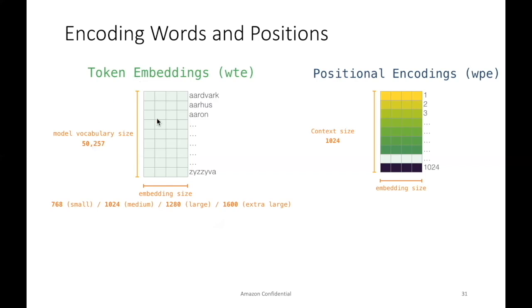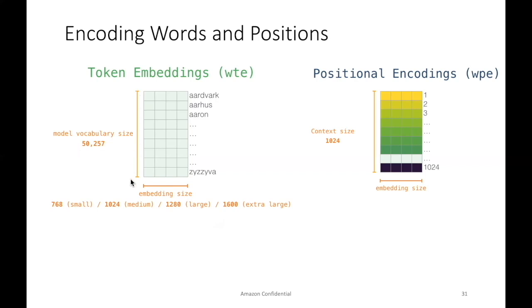So each word will basically have one row in this big table. This big table will be 50,000 or more rows, basically the size of our vocabulary, or the number of words that we are ready to use in our model.